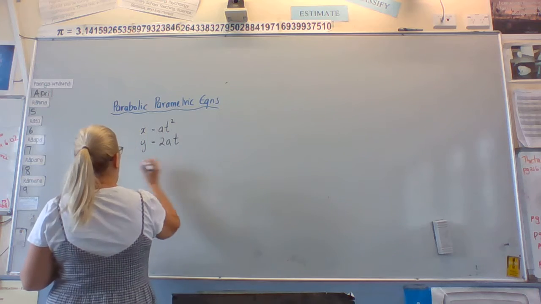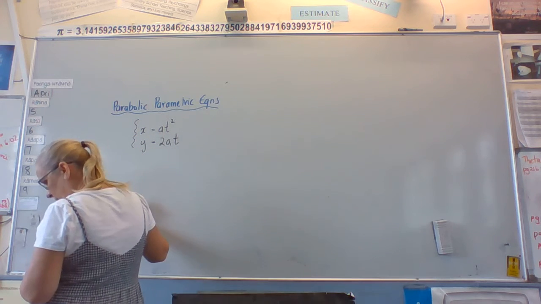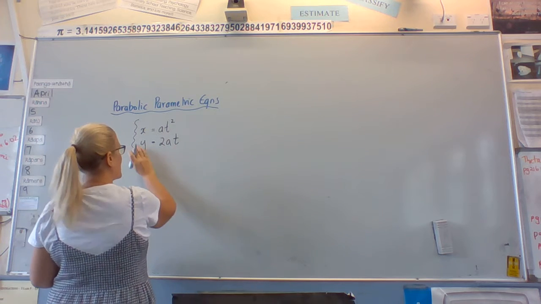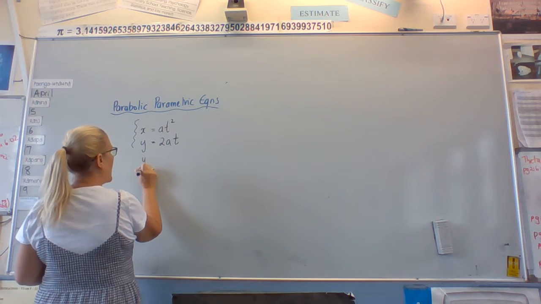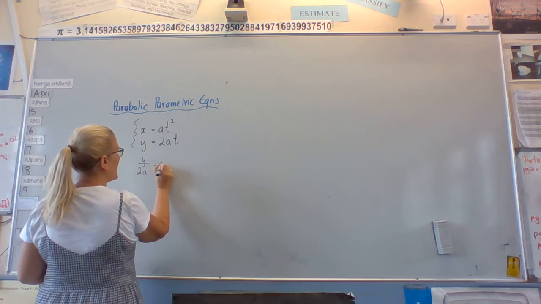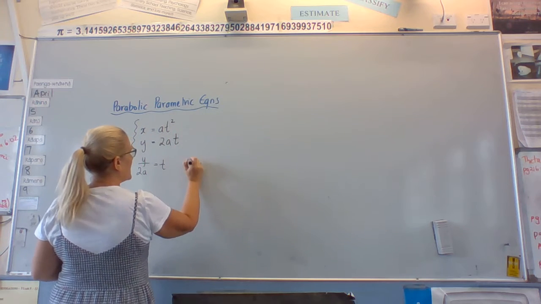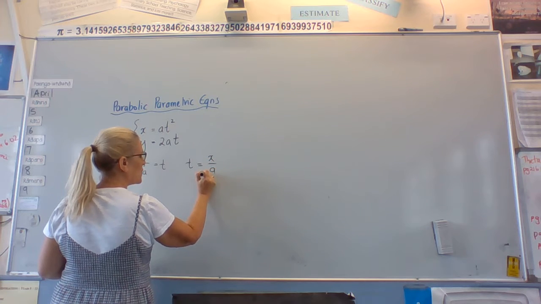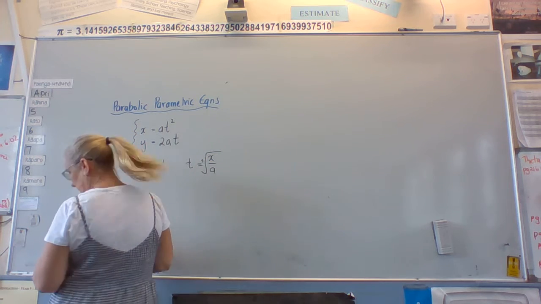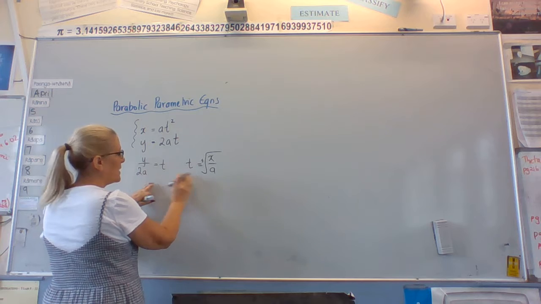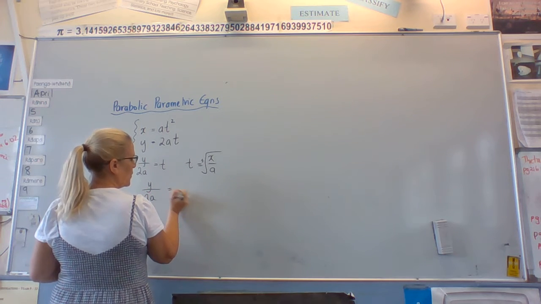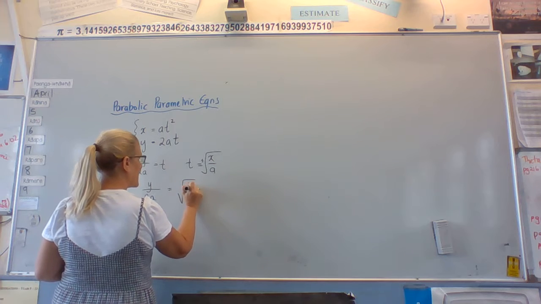If we have a look at why that is, those are the two equations. If we rewrite this in terms of t, we've got y over 2a equals t, and here we've got t equals plus or minus the square root of x over a. If we put these two together, we've got y over 2a equals the square root of x over a.